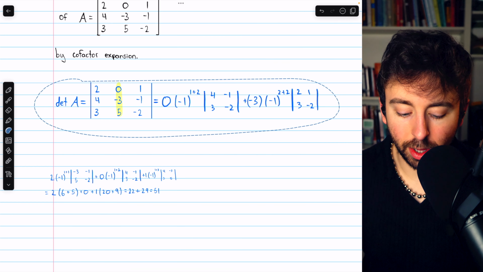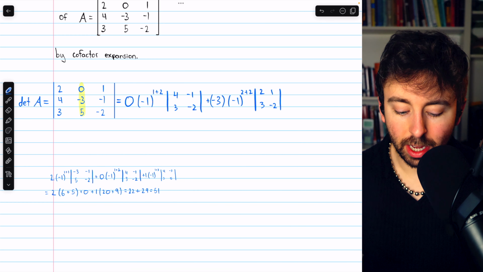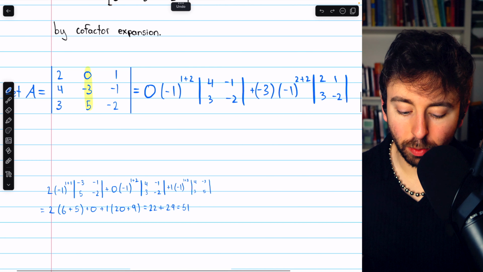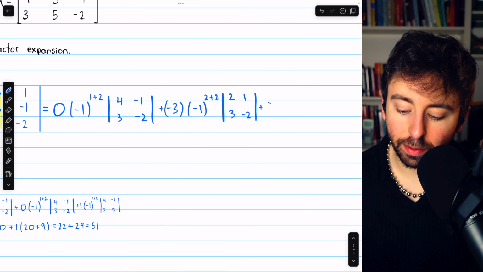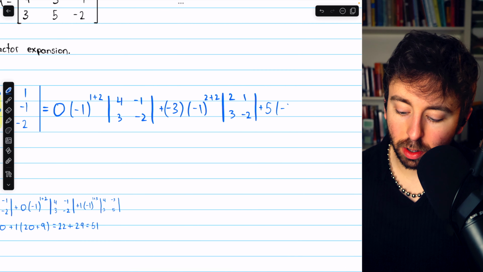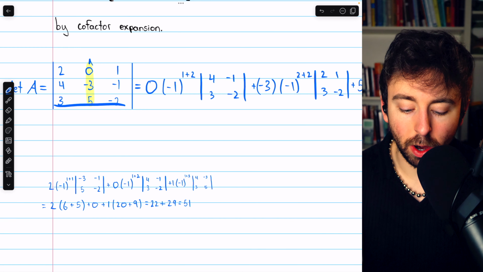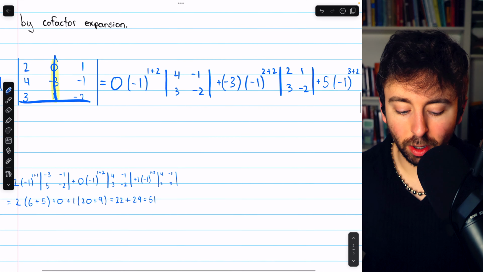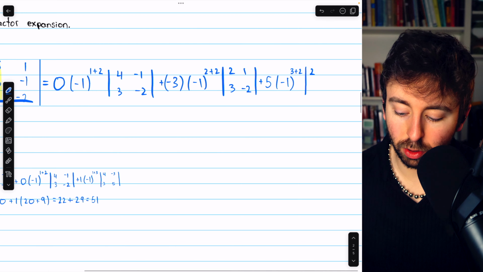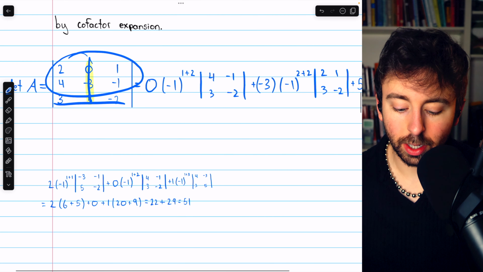Finally, I'll move this over to the left so we have enough room to fit this. We have the last entry in the column, which is 5, so plus 5, multiplied by its cofactor, which begins with negative 1 to the power of the row number plus the column number, multiplied by the determinant of the submatrix that remains when 5's row and column are deleted. So the determinant of this matrix, 2, 1, 4, negative 1.